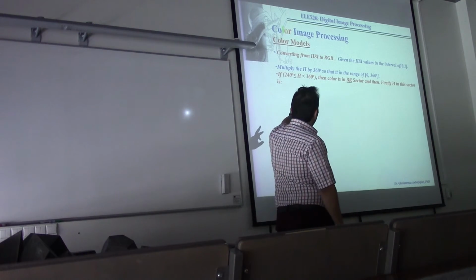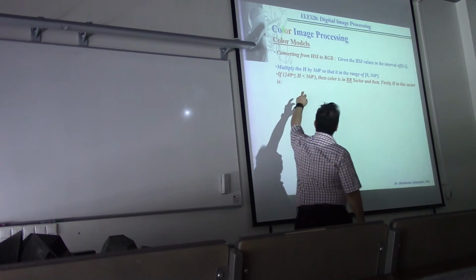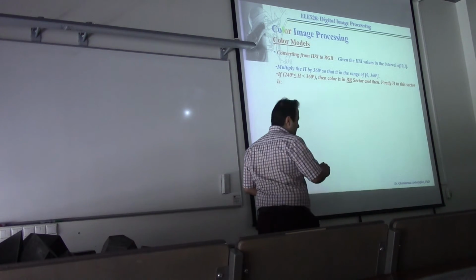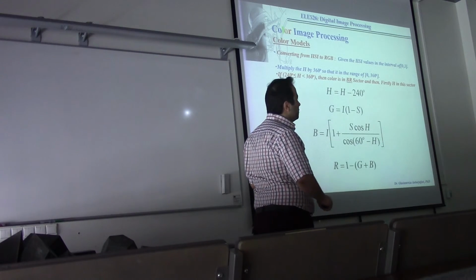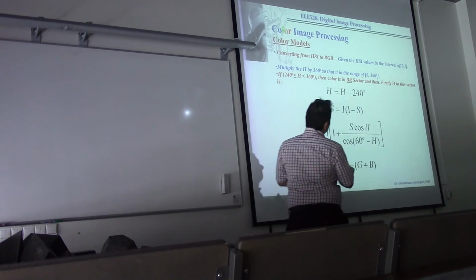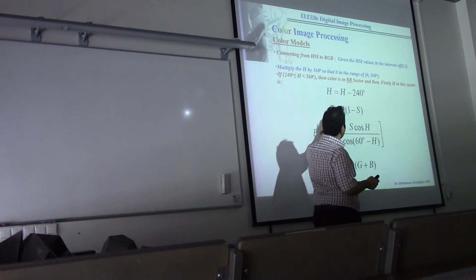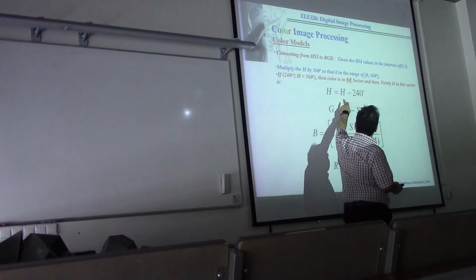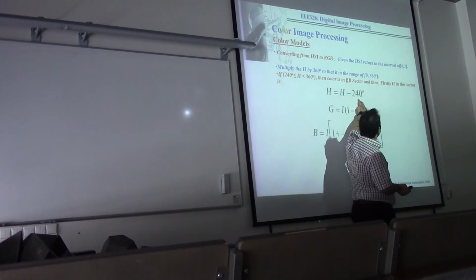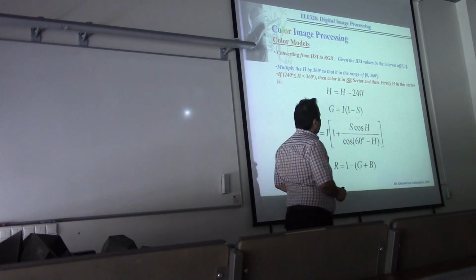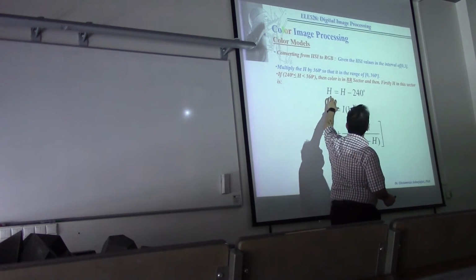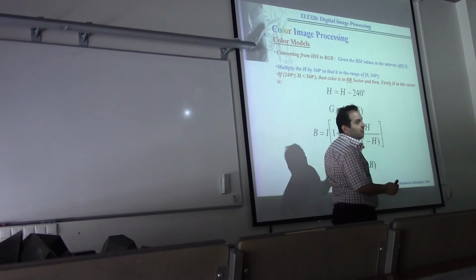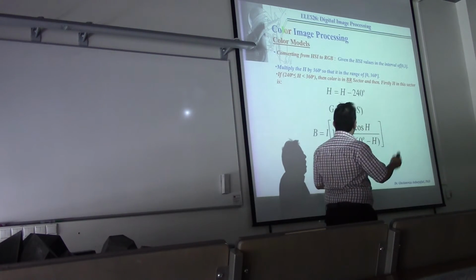And also, if the value of the H or hue is between 240 and 360, we use the value of the hue minus 240 degrees. Then we can use this value to convert the image from the HSI model to the RGB model.